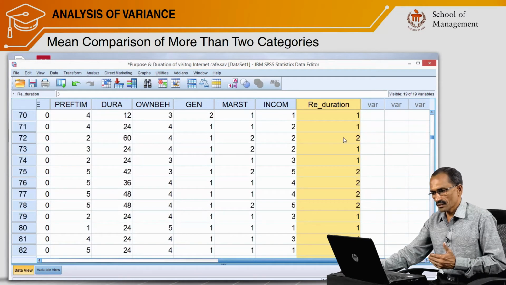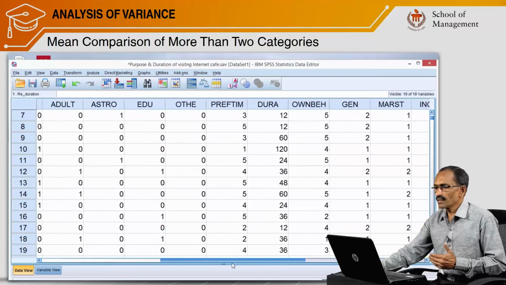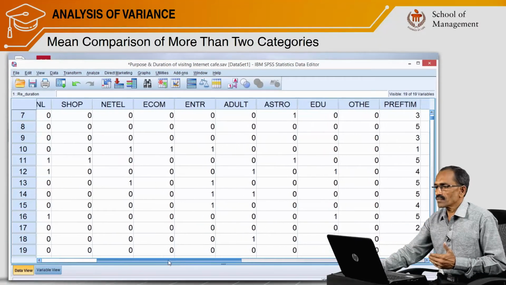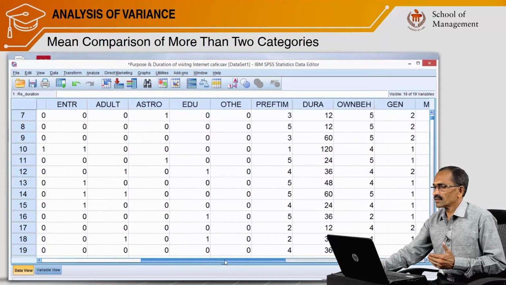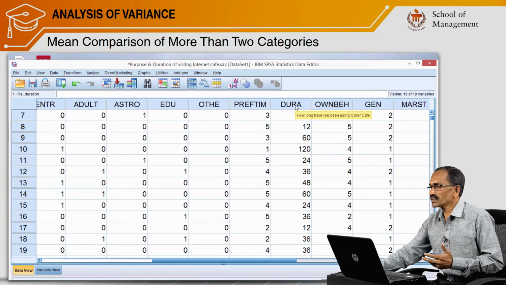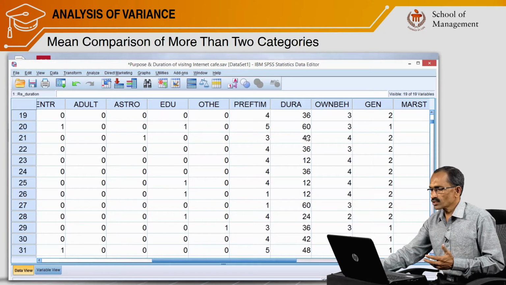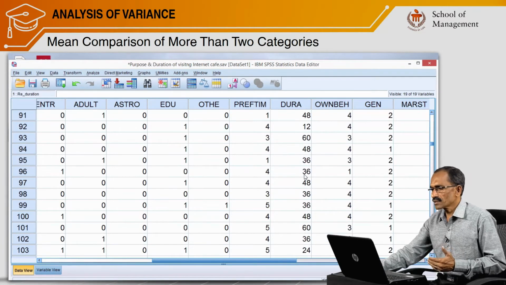We have another question, the same question, about duration: how long have you been using the cyber cafe. What we have entered here is 12, 120, and so on. That means the exact value that they have disclosed.